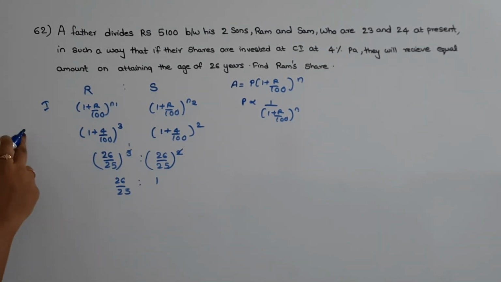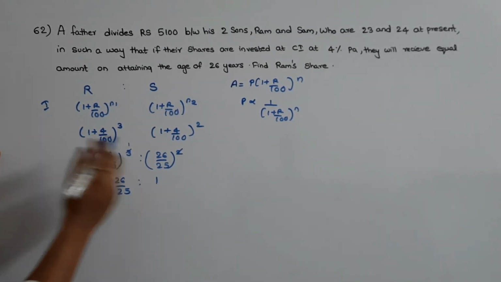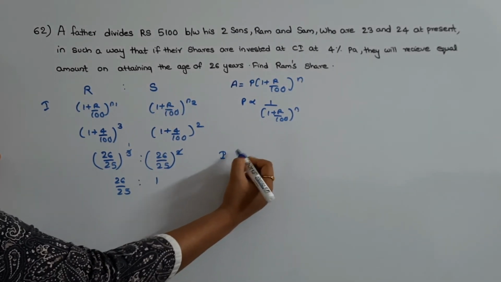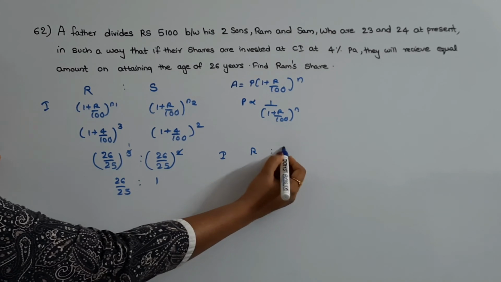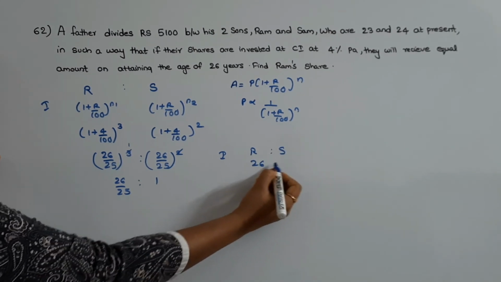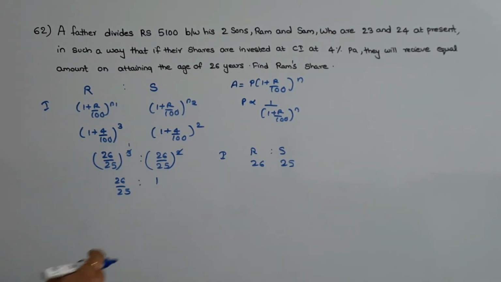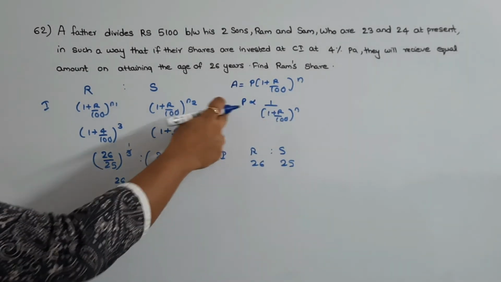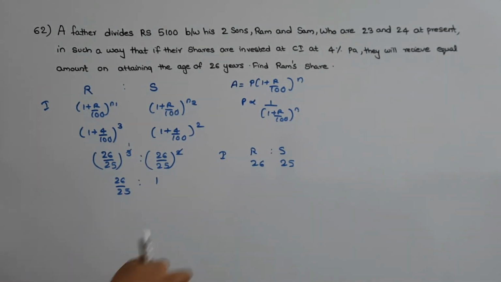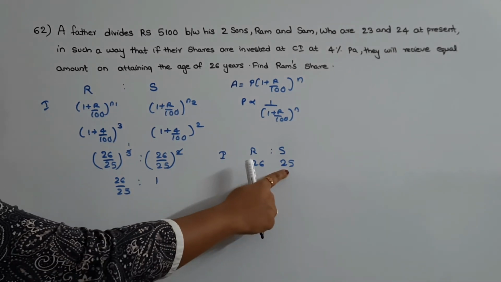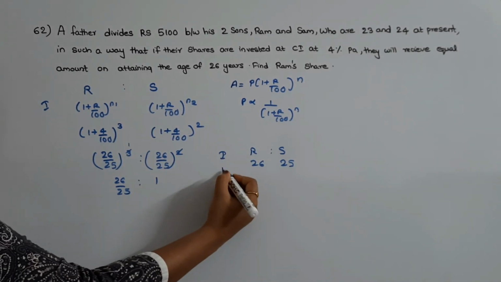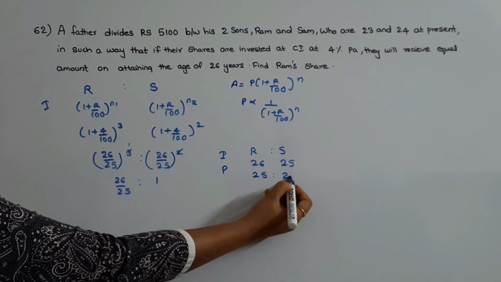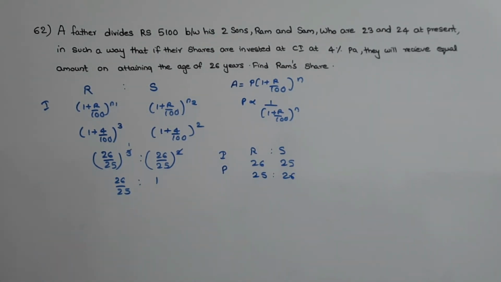So the interest ratio for Ram and Sam will be equal to 26 is to 25. I told you this is inversely proportional to the principal. So if the interest ratio is 26 is to 25, what will be the principal? Principal ratio will be 25 is to 26, since they are inversely proportional.